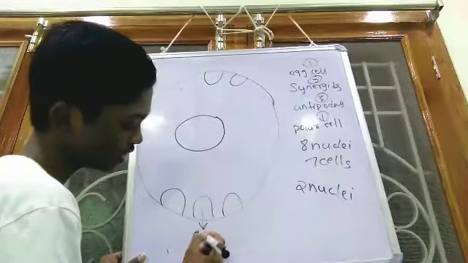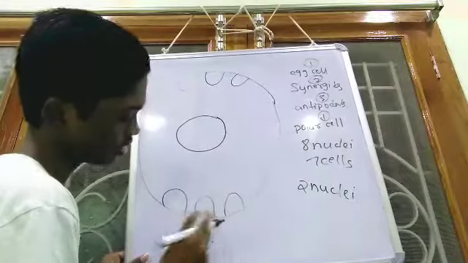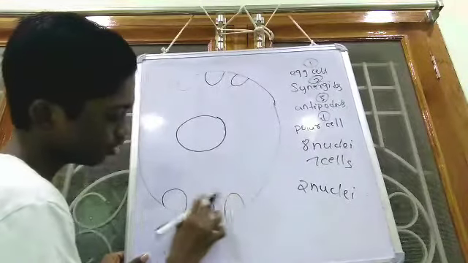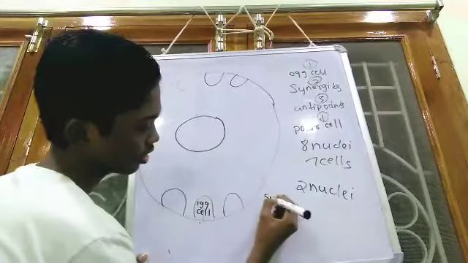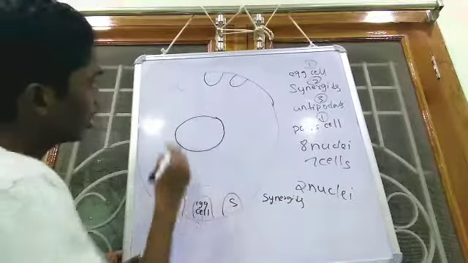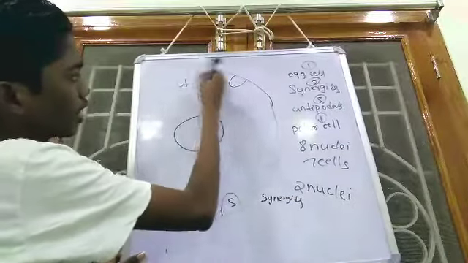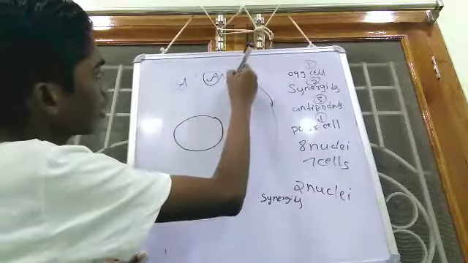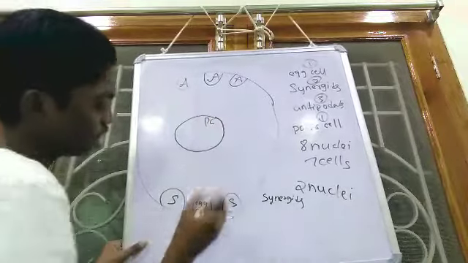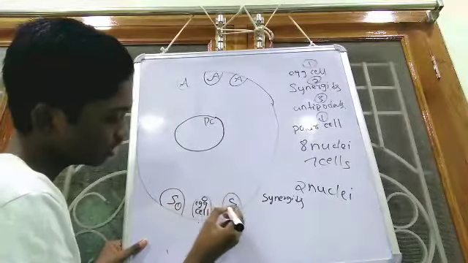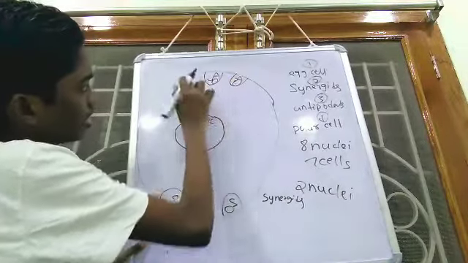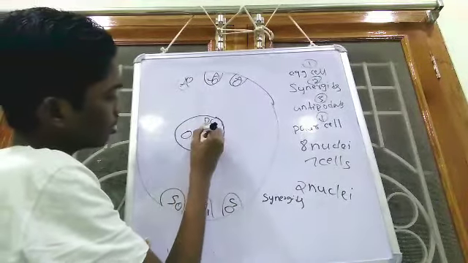This is called the egg cell, and these both are called synergids. And these 3 are called antipodals. And this one is called the polar cell. Each cell contains one nucleus, and here it contains 2 nuclei.